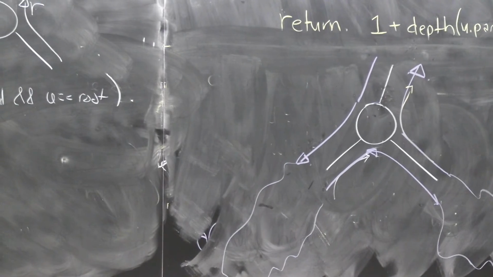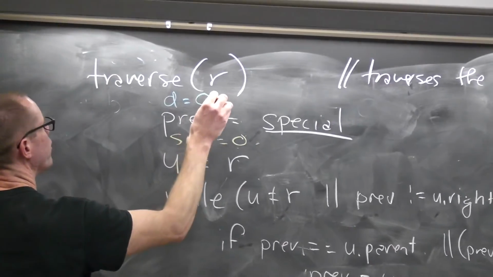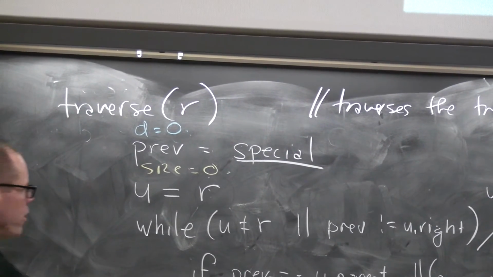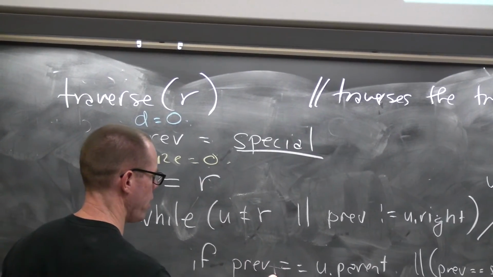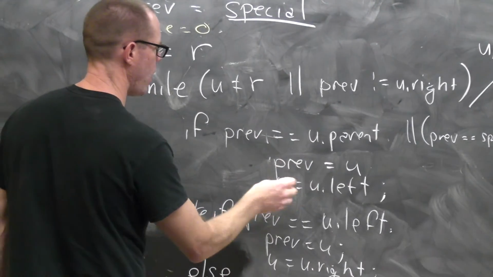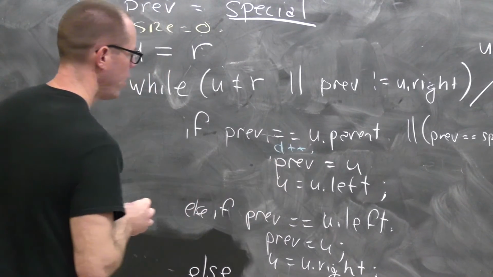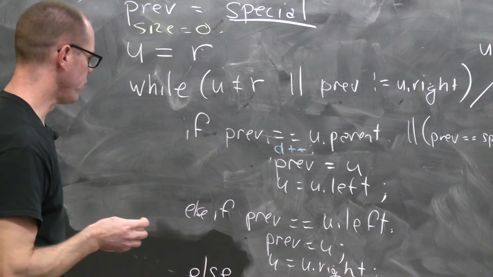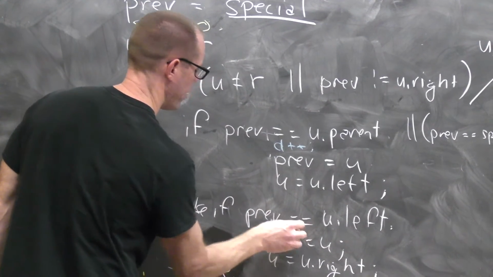If you want to compute the height, well, you keep a variable to keep track of the depth. When we go down from a node, from its parent, when we go down to the left child of a node, we increase the depth. When we go down to the right child of a node, we increase the depth.